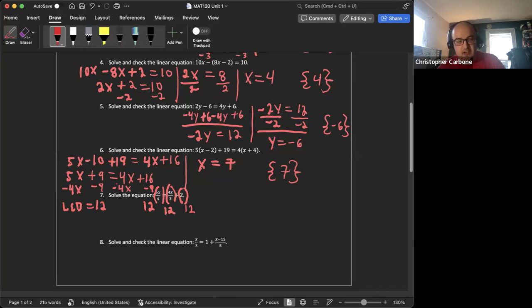Doing so for the 5x divided by 4, that one's going to make 3 times the 5x, so 15x is equal to 4x divided by 3, the whole fraction times 12. The 12 divided by 3 made 4 times 4x. That makes 16x. And then plus 2 times 12, so 24. Okay, so we'd subtract the 16x to the other side.